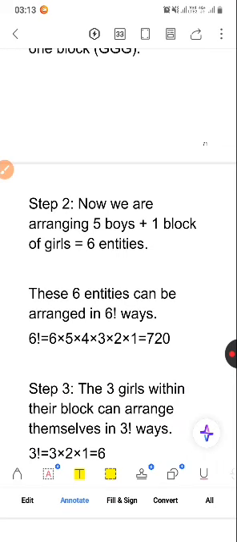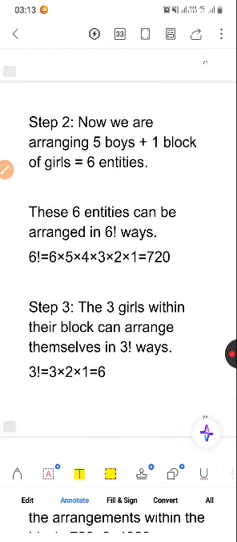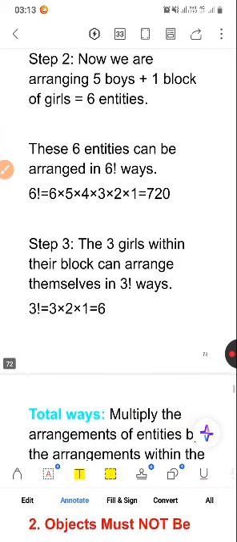So these 6 entities can be arranged in 6 factorial ways, which is 720. The number of ways that the 5 boys and the 3 girls being treated as one can be arranged is 720 ways.